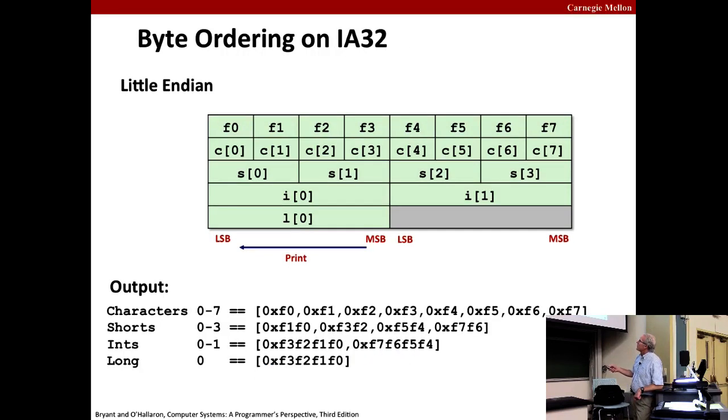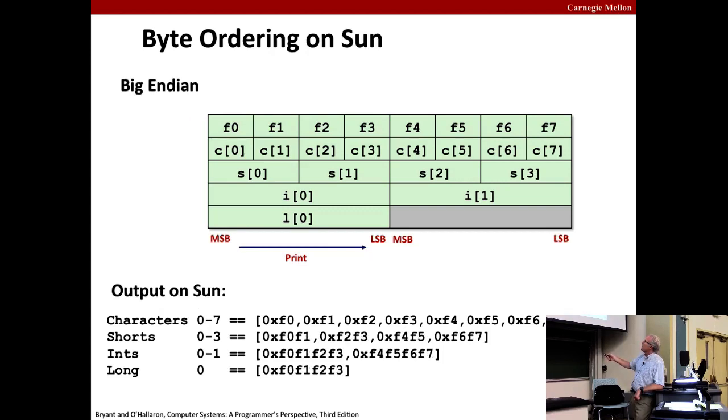But you'll notice in particular that on an IA32 machine, a 32-bit machine, it's coming off in this byte pattern, F3, F2, F1, F0. And on a Sun, back when they existed, you'd get the opposite because of the byte ordering.